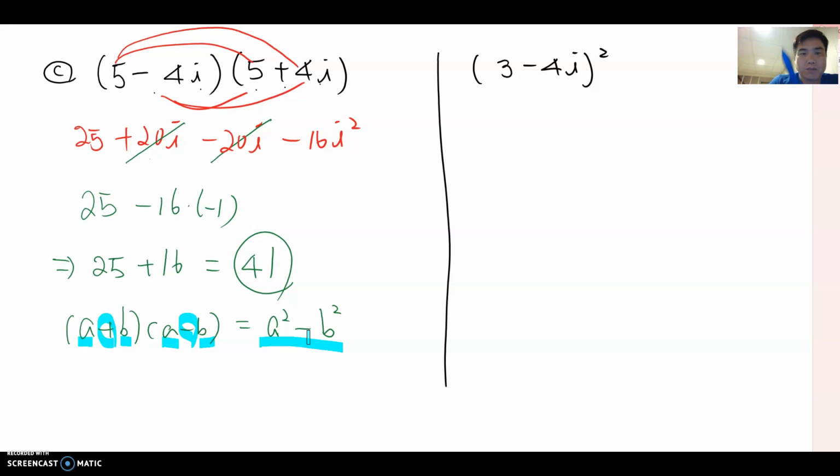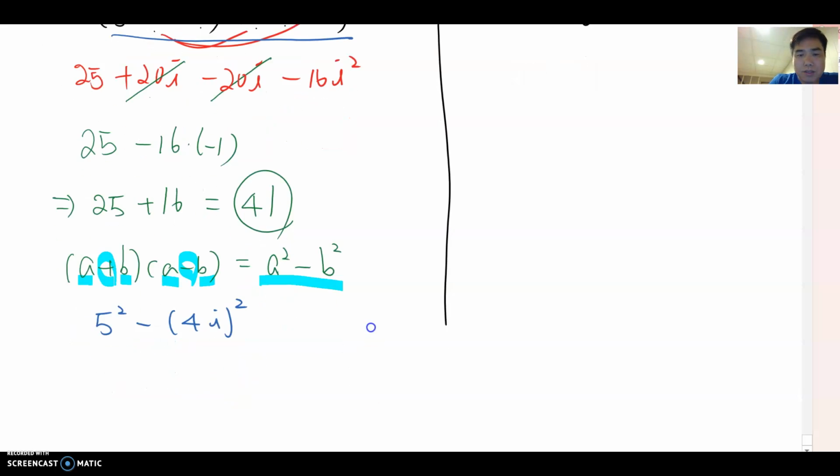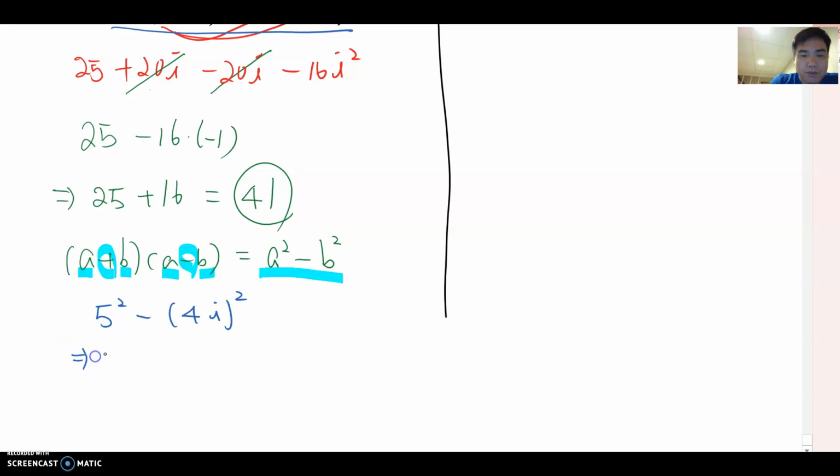Okay, so since this is a conjugate pair, now I can rewrite 5 squared minus 4i squared, right? Then this becomes 25 minus 16i squared.